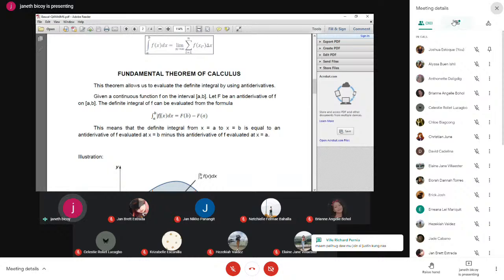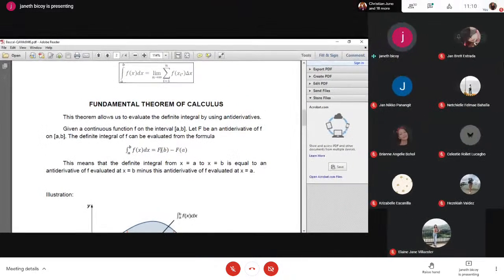So, given the derivative, unsa ang original nga function whose derivative is given, and that is anti-differentiation or the integration. So this notation simply means that the definite integral from x is equal to a to x is equal to b is equal to the antiderivative of f evaluated at x is equal to b minus this antiderivative of f evaluated at x is equal to a.